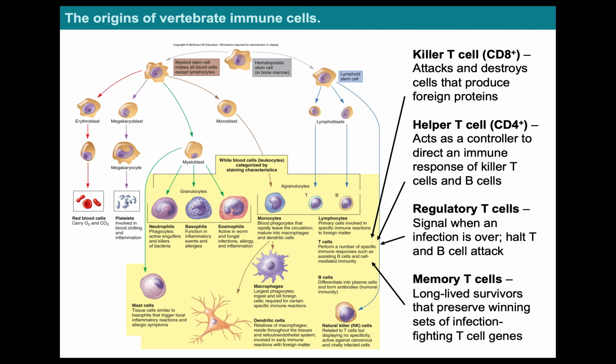Then you got the real actors, and so we're going to cover a lot about B and T cells in this class. T cells do a couple of different things. So you've got your killer T cells that actually kill regular cells of the body that are infected or in some way defective. They are patrolling around and looking for danger and then destroying that cell.